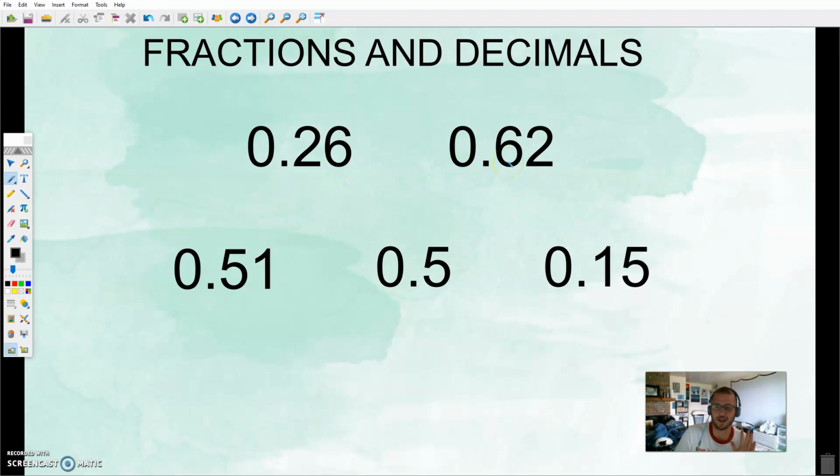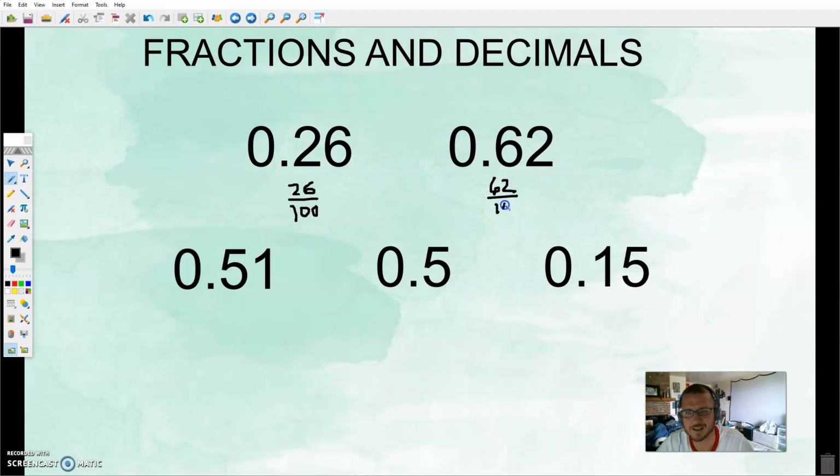From there, we want to look at comparing and contrasting, and then ordering them. So if I have 0 and 26 hundredths and 0 and 62 hundredths, first off, you could just think about those as the fractions. 26 hundredths or 62 hundredths.